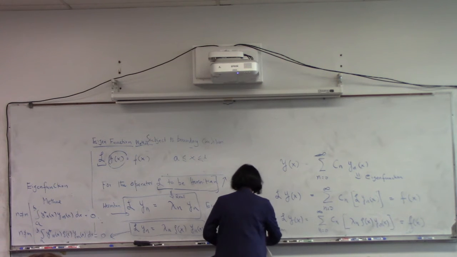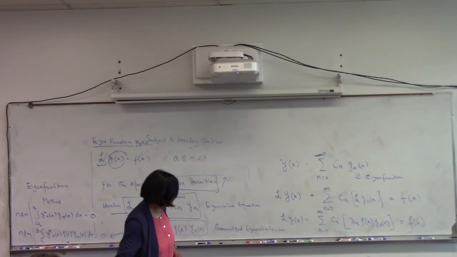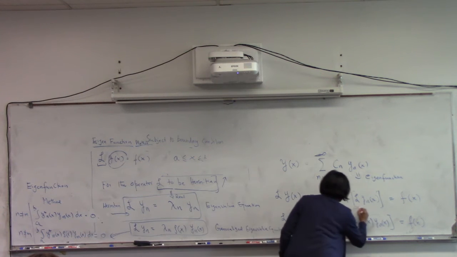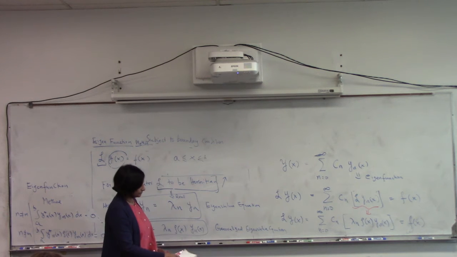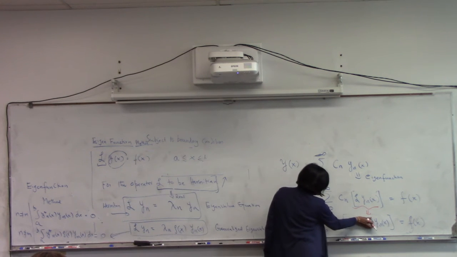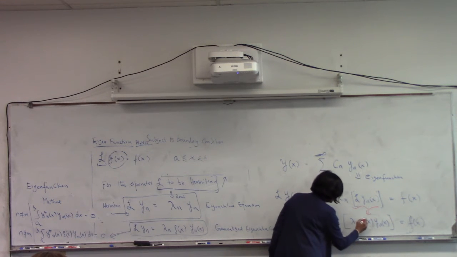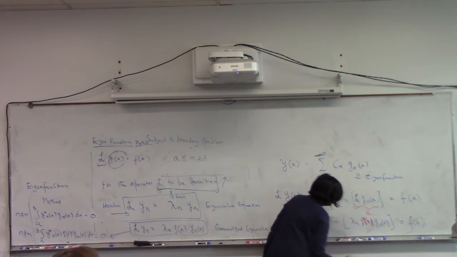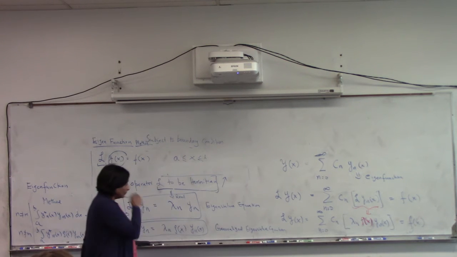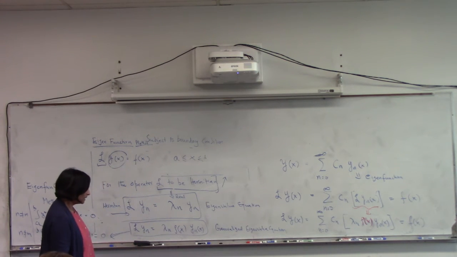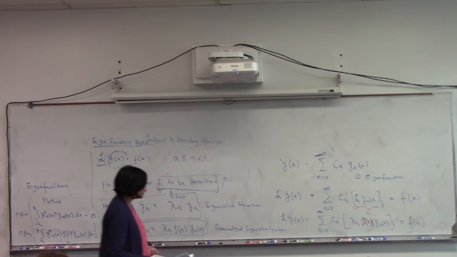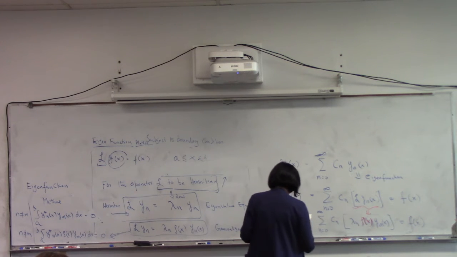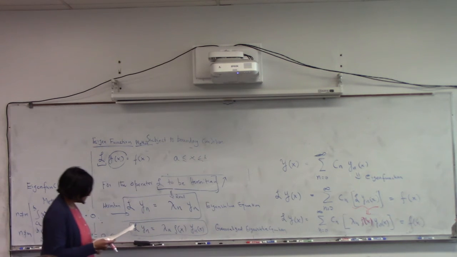All I've done is use the eigenvalue equation. Written generally, it should be lambda_n y_n(x); instead I have put a rho(x) also. Okay, I'm just going to multiply by y star m(x) and see what happens.